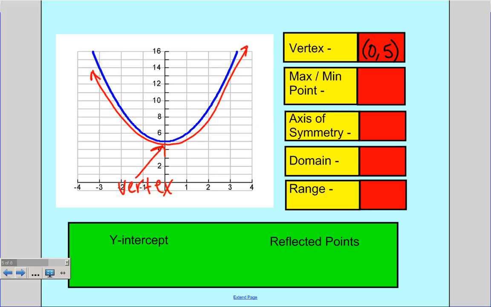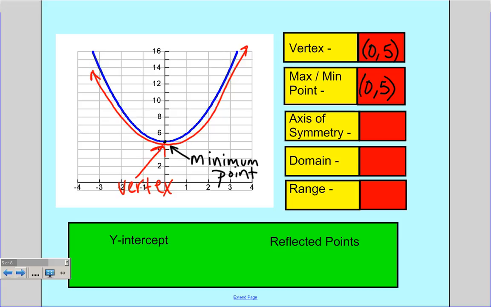So it either has a bottom point or a top point, depending on the direction it opens. This one's opening up, so it doesn't have a max, it has a minimum. This point, not only is it the vertex, but it's also the minimum point, meaning that's the lowest that this graph goes. The minimum point and the vertex, or the maximum point and the vertex, are going to be the same thing, 0, 5.